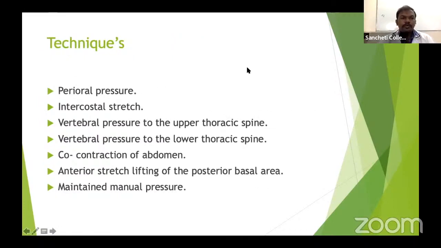So now we are going to see what are the techniques which are there in the chest PNF. Firstly, we have perioral pressure, then intercostal stretch, then vertebral pressure to the upper thoracic spine, vertebral pressure to the lower thoracic spine, co-contraction of the abdomen, anterior stretch lifting of the posterior basal area, and maintained manual pressure.